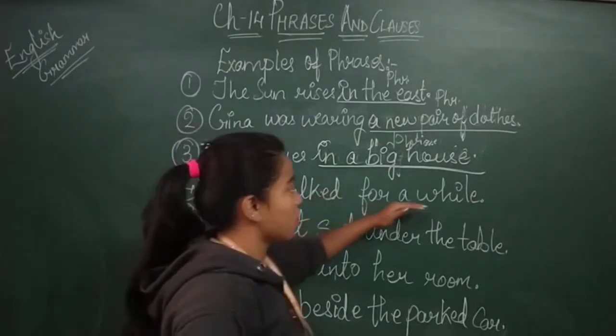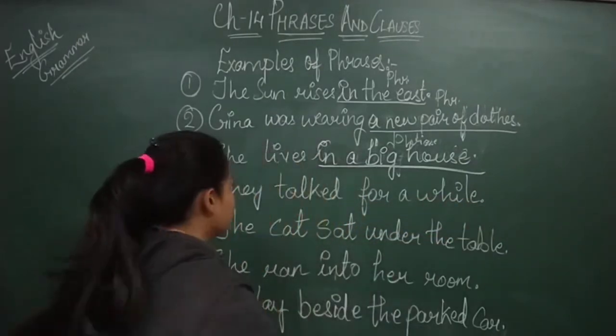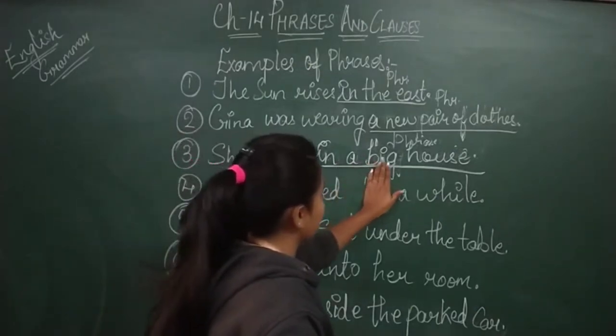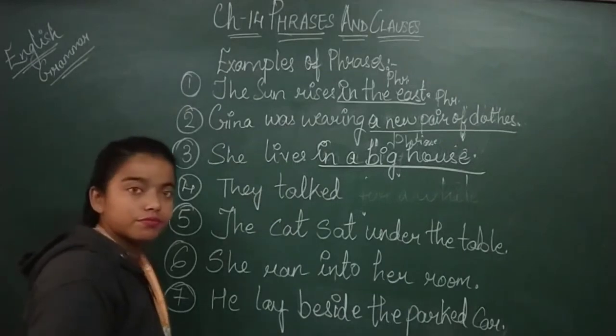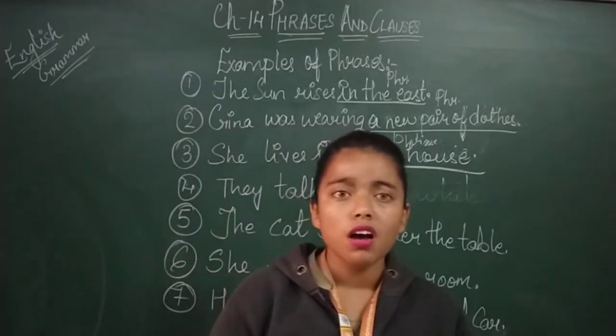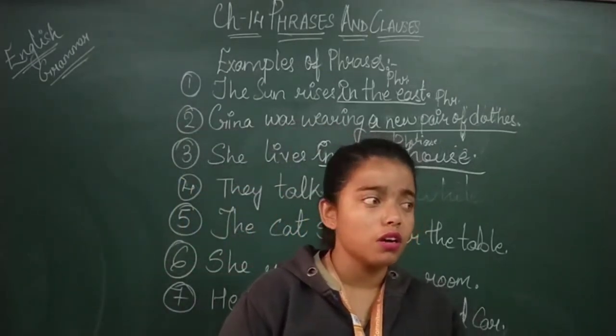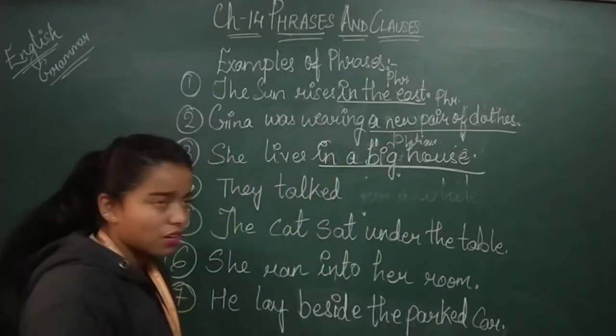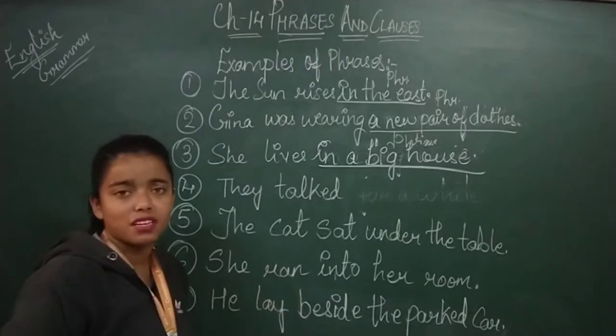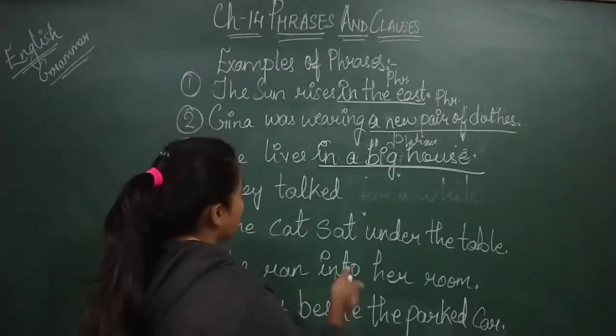Now, the fourth one. They talked for a while. If I say "they talked," how did they talk? Till what time did they talk? We don't know. Is it making a complete sense? No, of course not.